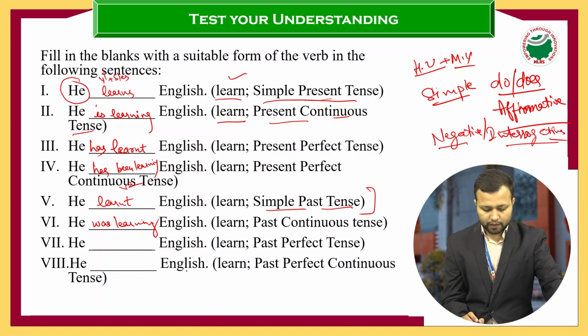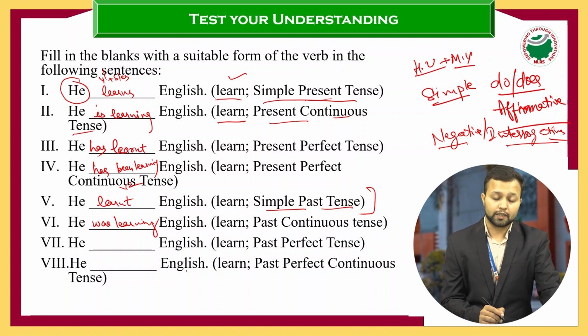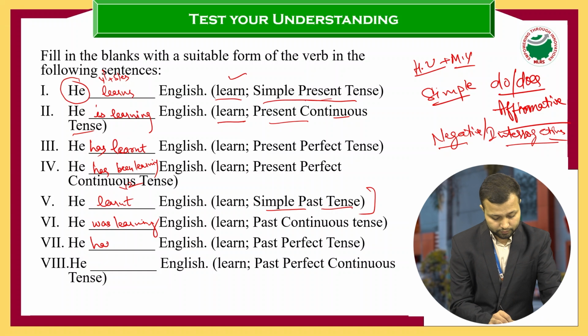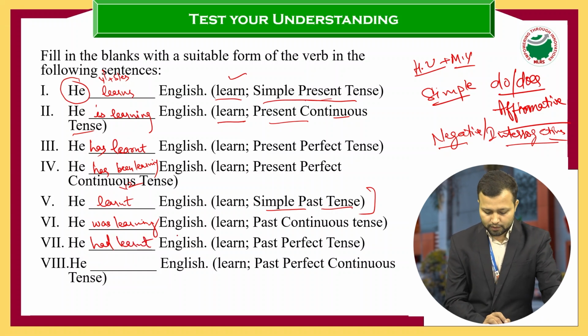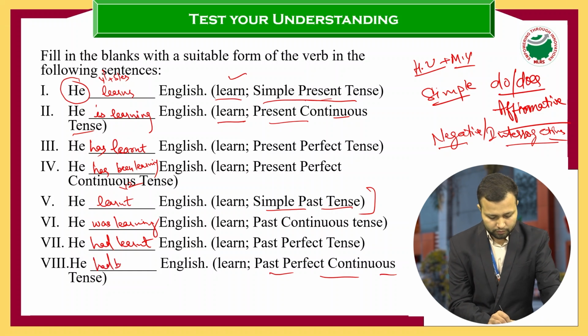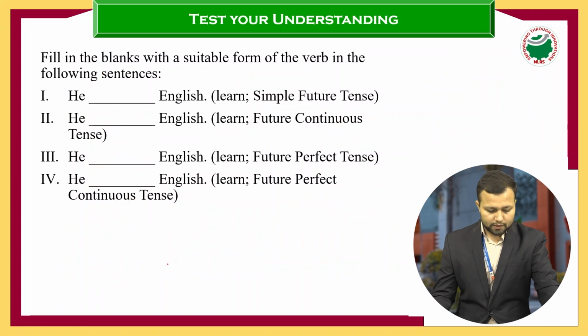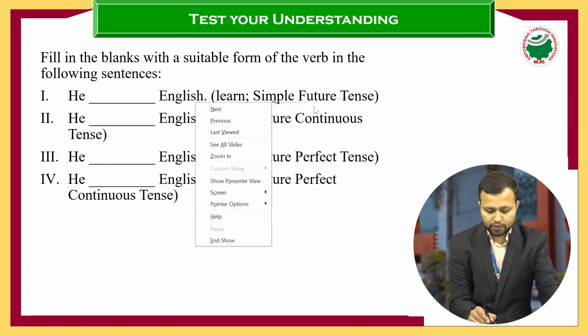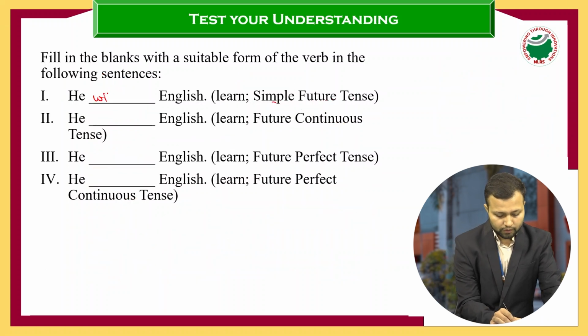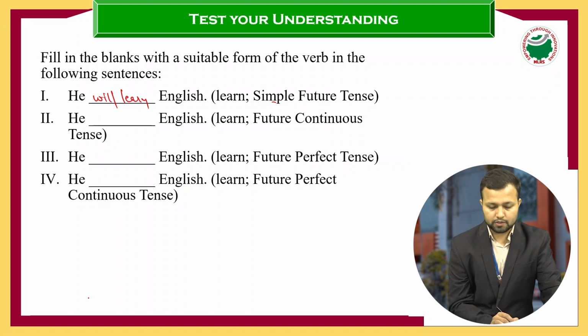Next, he blank English. The tense is past perfect tense. So, had learned. Next, he blank English. The tense is past perfect continuous tense: had been learning. Next, he blank English for simple future tense: he will learn English.